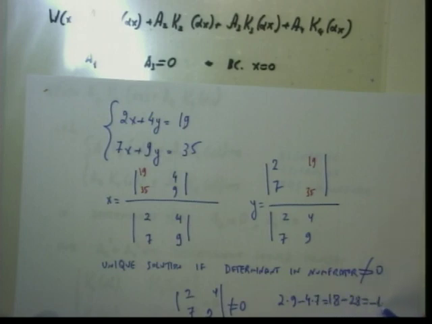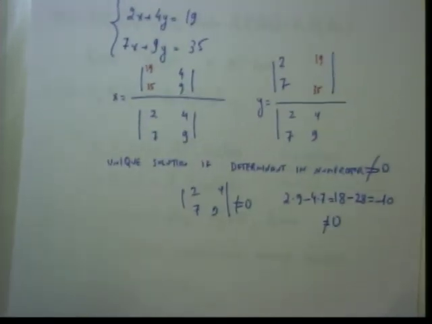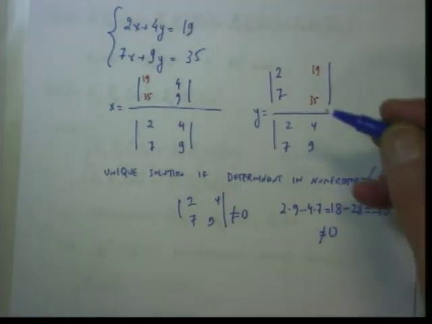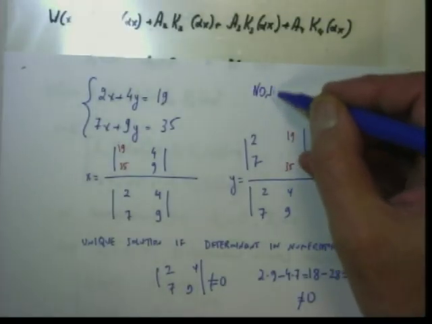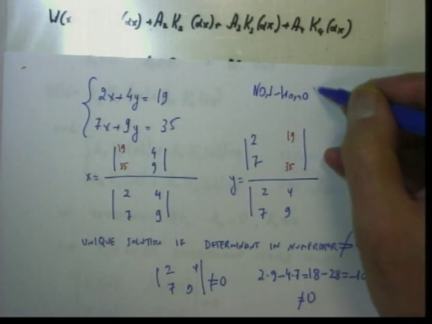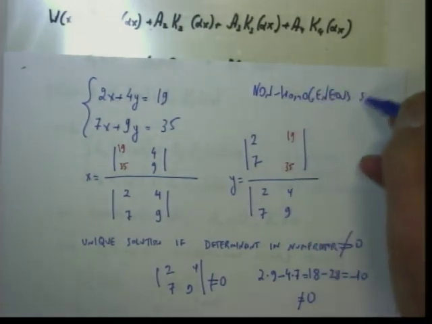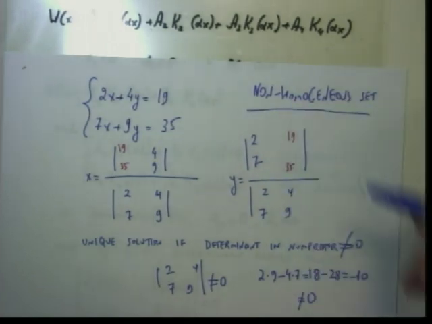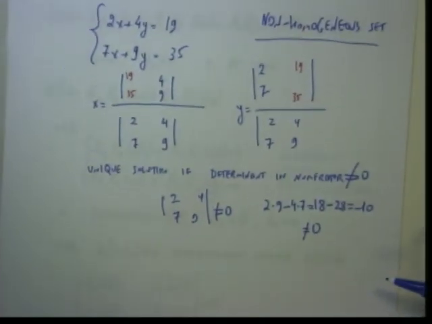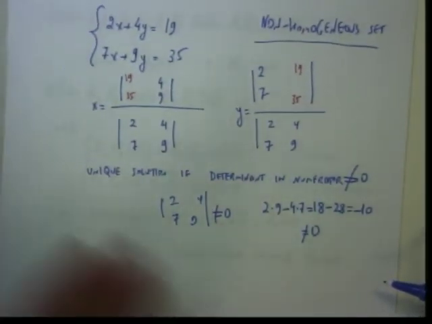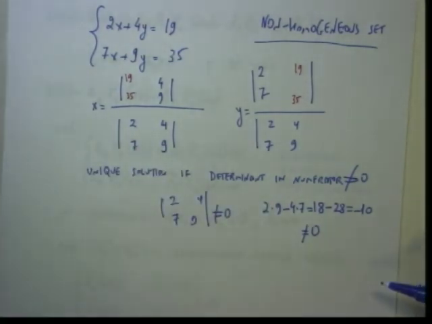It is minus 10, and minus 10 is not 0. Now, that was a non-homogeneous set, which has solutions calculated by this equation.